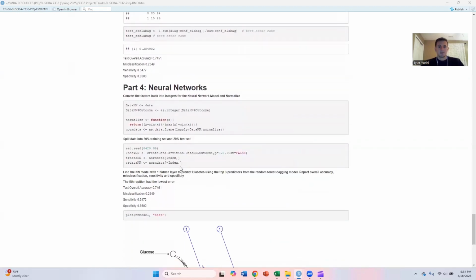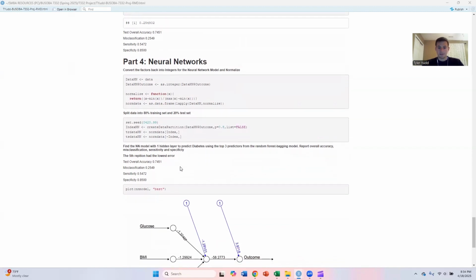The next model that I explored were neural networks. So I started by converting the factors that we had previously been using back into integers and then normalizing the data for the model. I had to then partition this new data set into the 80-20 split. And I started by using one hidden layer, using those top three predictors that we had found previously: glucose, BMI, and age.